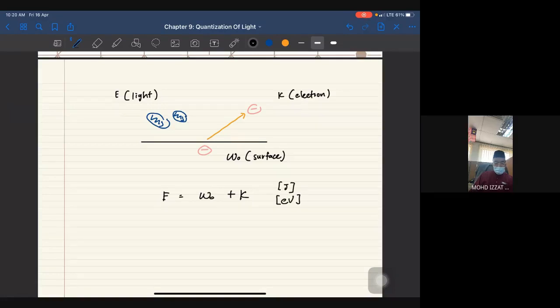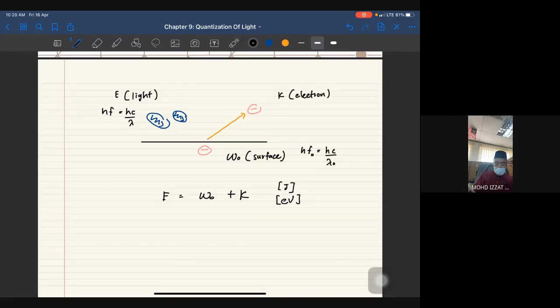As long as all the units are the same, you should be okay. You just have to convert accordingly. And then for the light, we have hf or hc over lambda. For W naught, you will have a similar formula, just that now you put naught.